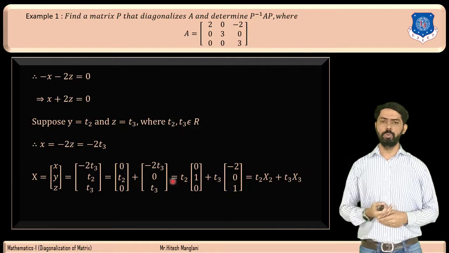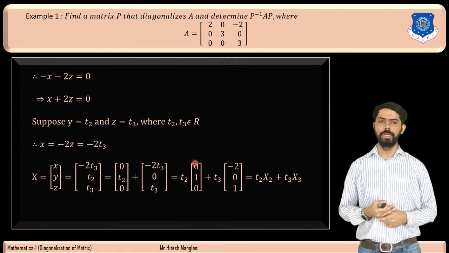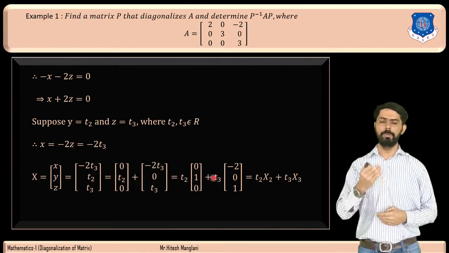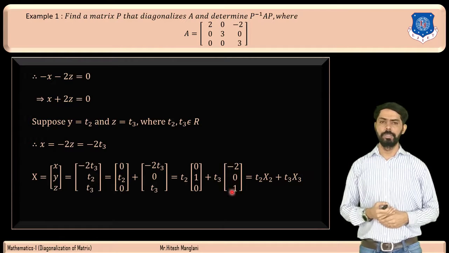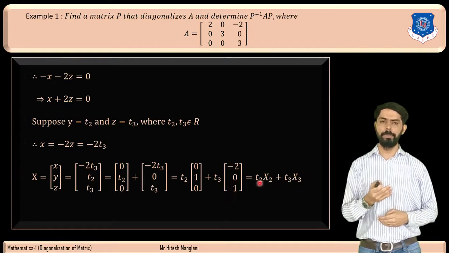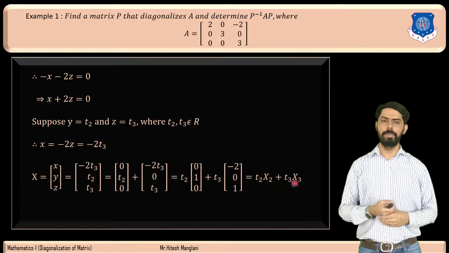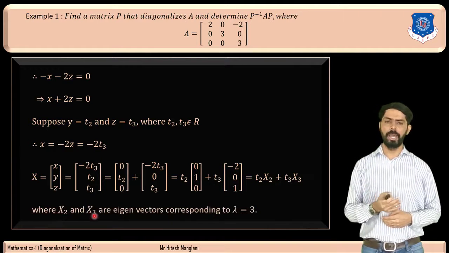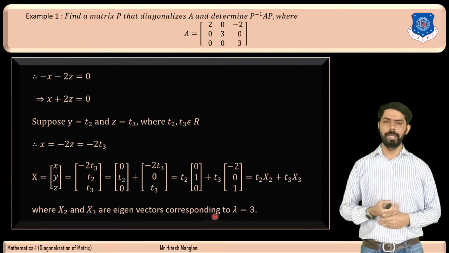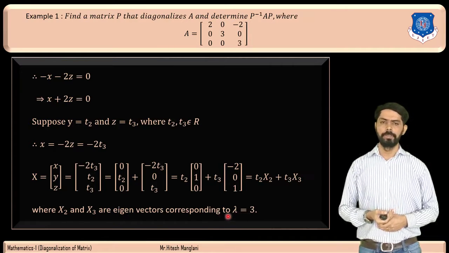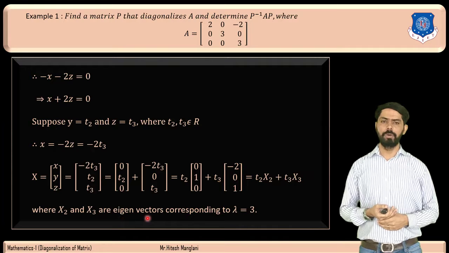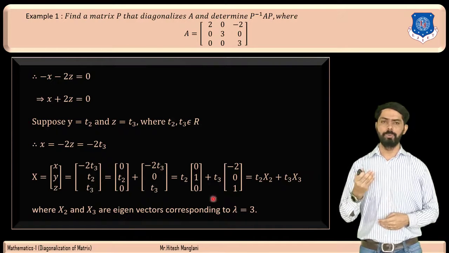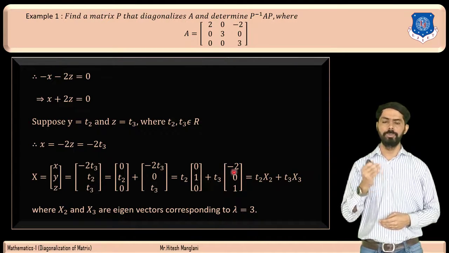Now taking t2 common, it will be 0 1 0, and taking t3 common, it will be minus 2 0 1. So this can be written as t2 into X2 plus t3 into X3, where X2 and X3 are eigenvectors corresponding to lambda equal to 3. So here the eigenvectors for lambda equal to 3 are 0 1 0 and minus 2 0 1.